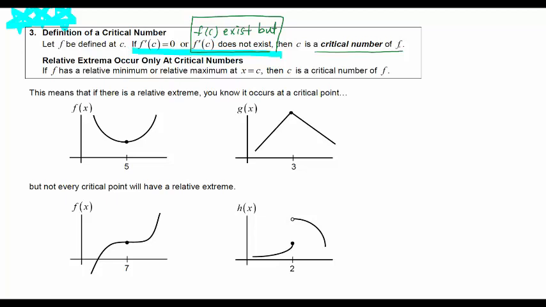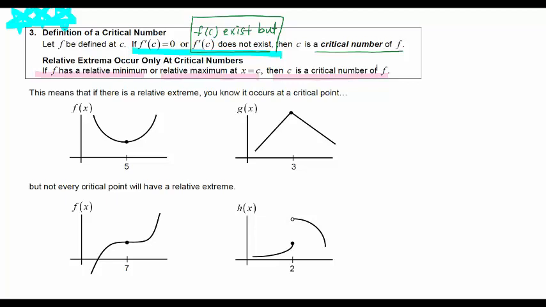Okay, fine. What about critical numbers? This is why critical numbers are so important. The next theorem says if f has a relative minimum or relative maximum at c, then c is a critical number of f. What is it saying? If you have a relative max or min, it's only happening at a critical number. That's what it's saying. But the converse is not true. What's the converse of a statement? That's switching the if-then clause.